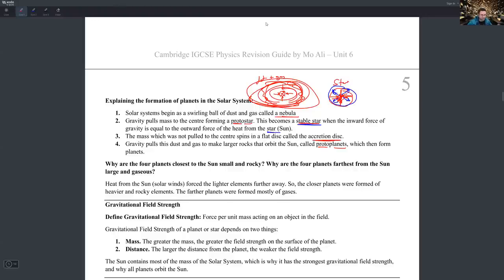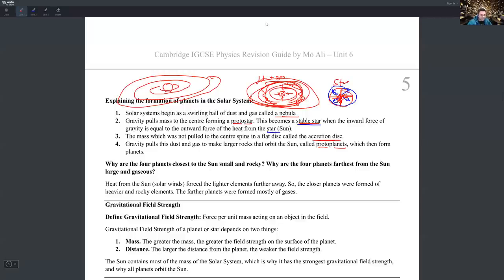So basically, you have a star in the middle, and then you have all of the other matter spinning in a very thin, pizza dough-like disk. Just like if you get some pizza dough and spread it out, and you know those pizzaiolos that throw pizza in the air and spin it, and it spreads out, it becomes super thin. That's what happens. All of that other matter that wasn't pulled into the middle is now spinning.